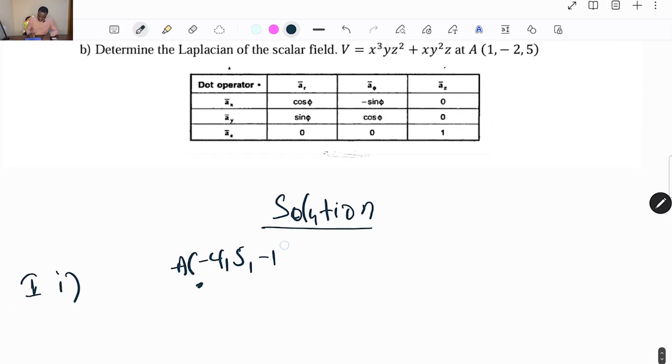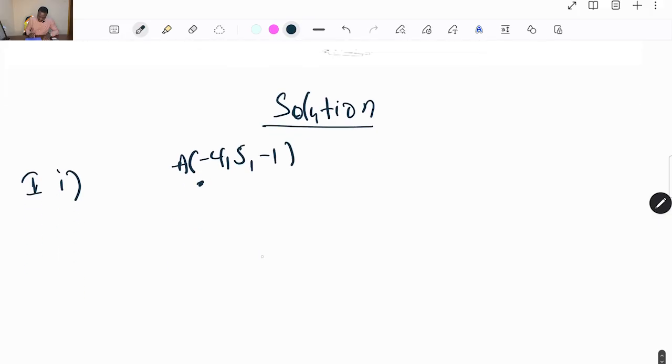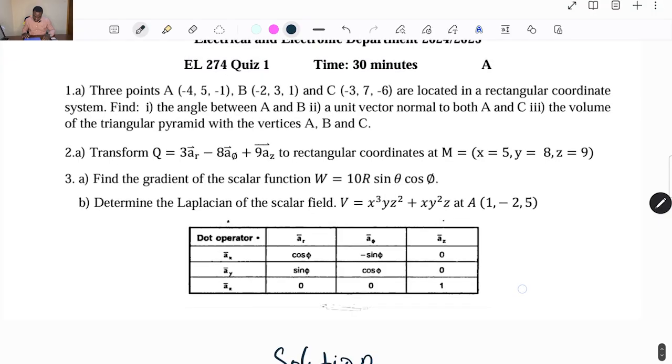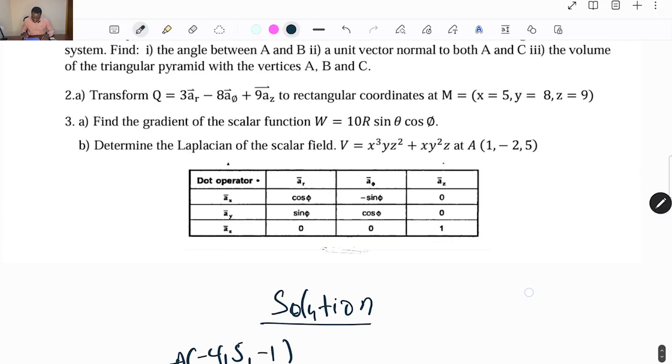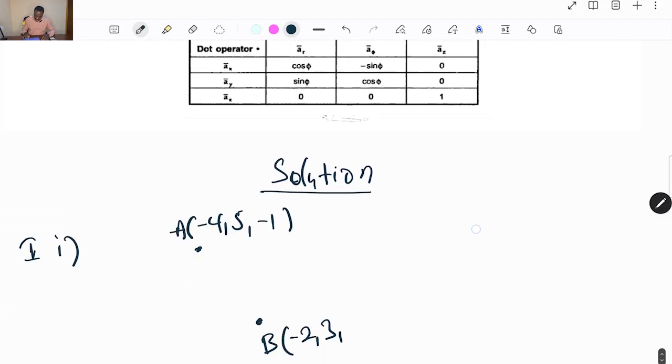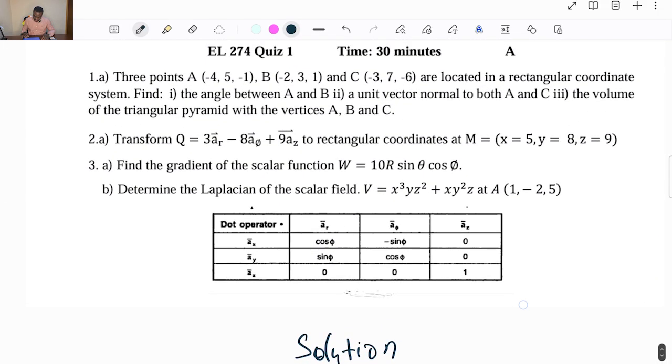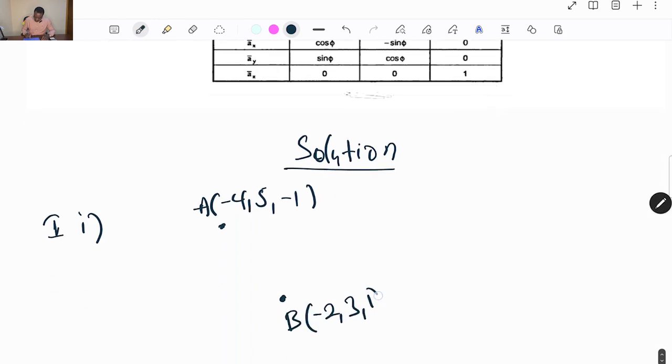Now I can indicate the coordinates of B too. We have point B, and the coordinates are -2, 3, and then the last coordinate 1.